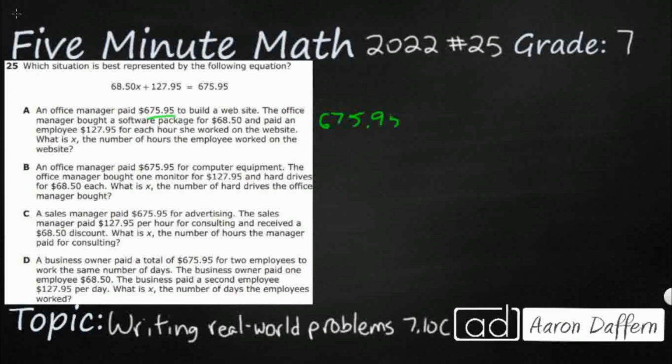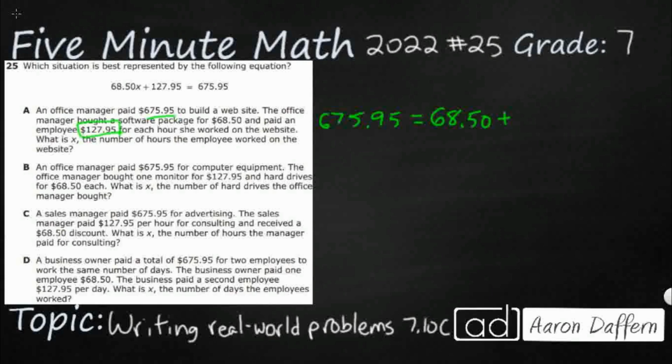The office manager bought a software package for $68.50 and paid an employee something per hour. So bought a software package for $68.50, so that's a standalone, right? And then we're going to pay someone, wow, $127 per hour. I would like that job.